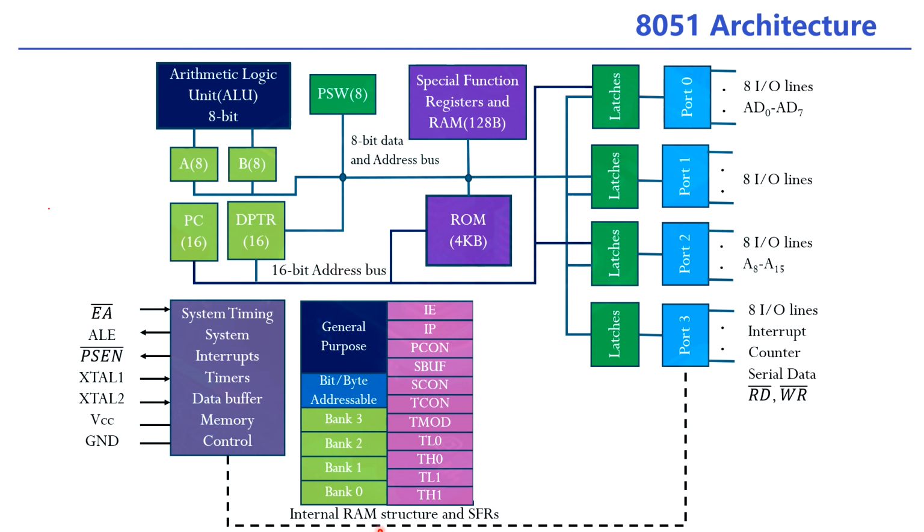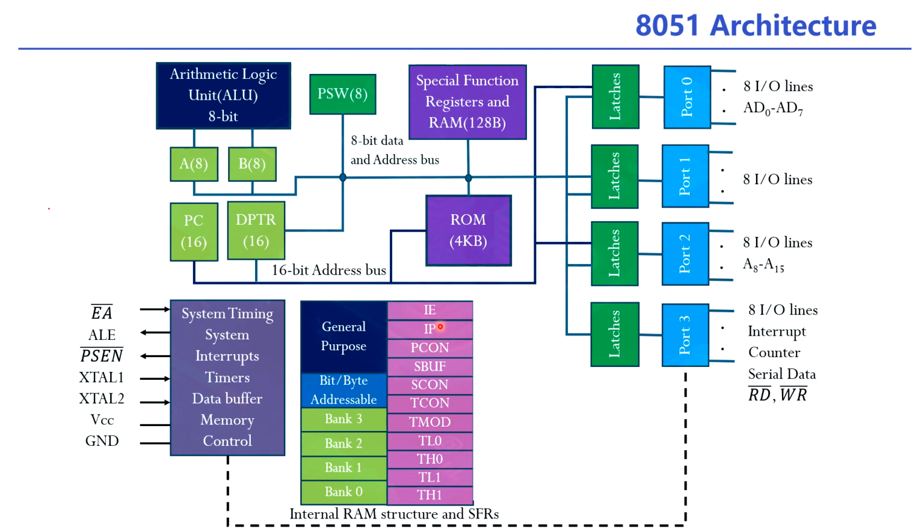So basically 4 banks are available in the RAM, right? And another space for bit or byte addressable use, and also some space for general purpose use, right? So we can organize as per the need, as per our application, right?